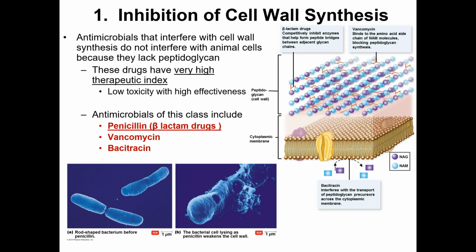So if they can't get at the building blocks for peptidoglycan, they can't make a cell wall. So these are all in the same class. They all inhibit peptidoglycan, but they do so in very different ways. Penicillin prevents the formation of the tetrapeptide bridges. Vanco breaks up NAG and NAM bonds. Bacitracin prevents NAG and NAM from getting out of the cell to make the cell wall.